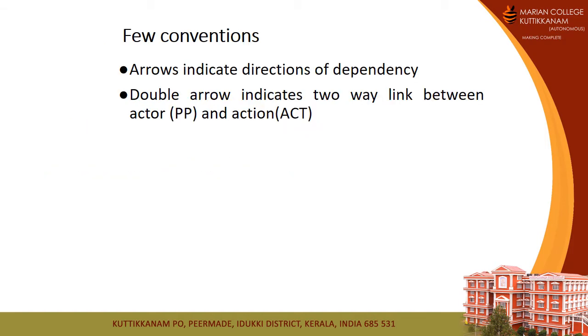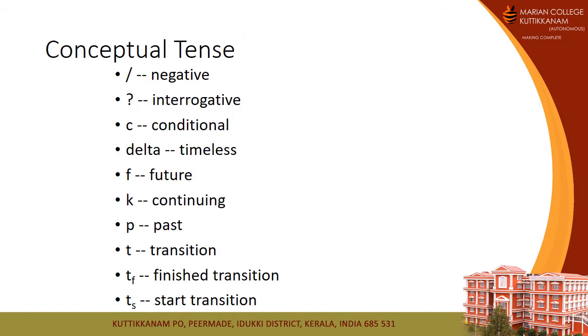A few conventions that we use for conceptual graphs are: arrows indicate the direction of dependency. Double arrow indicates a two-way link between the actor and action, that is picture producer and act. These are the set of conceptual tenses that we usually use in a conceptual graph. Slash is used for negative.